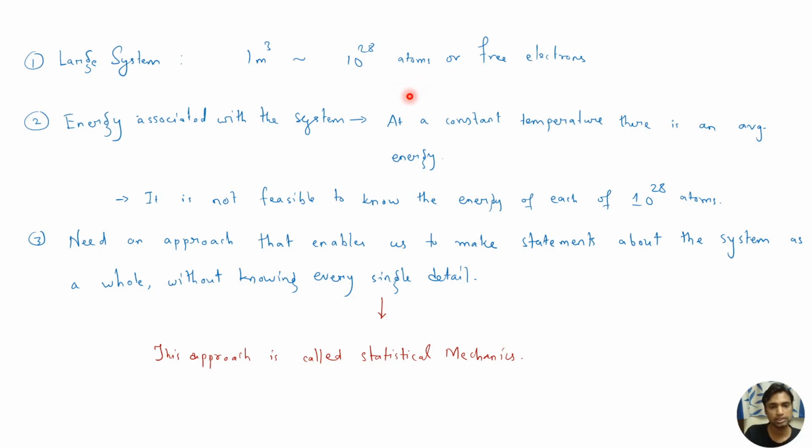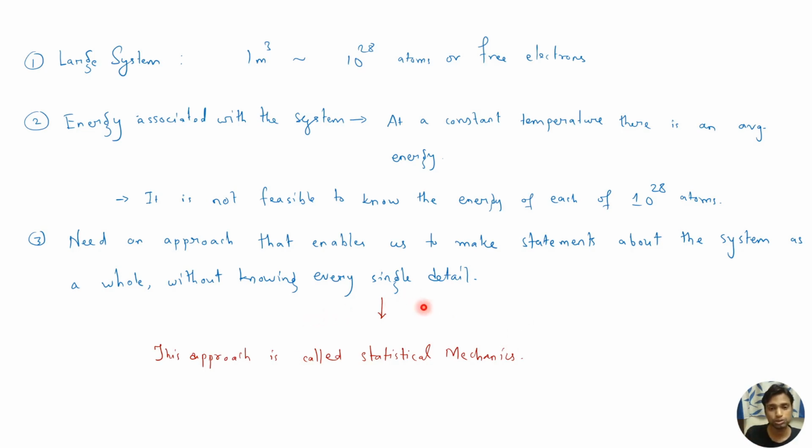Rather, we need an approach that will enable us to make statements about the system as a whole, like what is the average energy of the entire system, not the energy of each and every single atom or molecule.